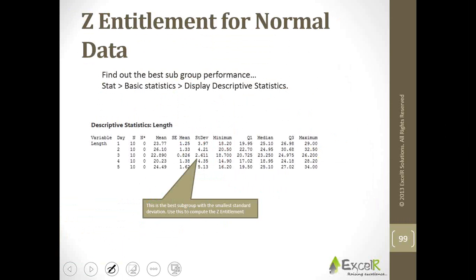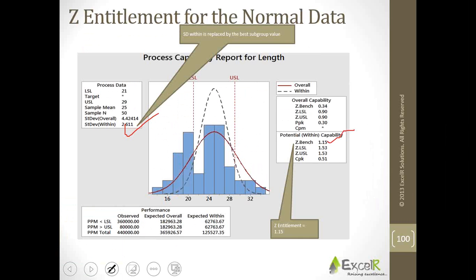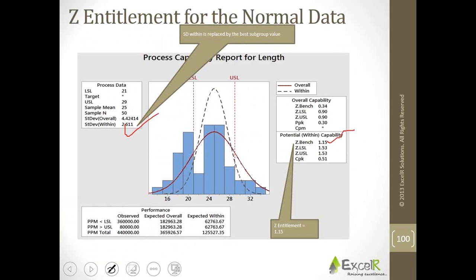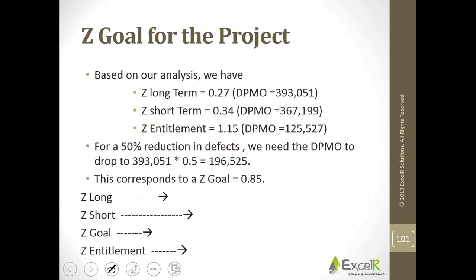If I go here, this is what is 2.611. I use that simply and then I'll get these values. Based on our analysis, these are the values that we have got. Yeah, we have got Z long term as 0.27, short term as 0.34, and Z entitlement as 1.15.